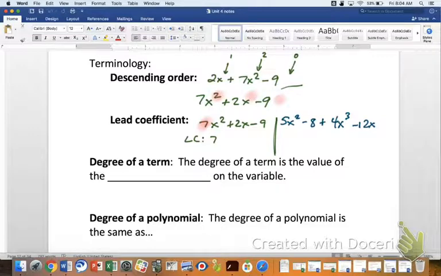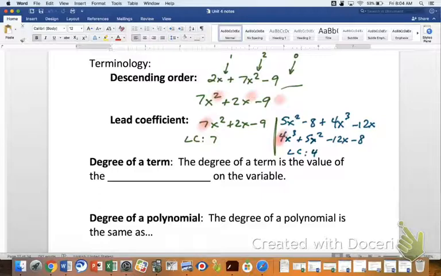It might be tempting to look at that and say that the lead coefficient is 5, but that's not really true because this polynomial is not in descending order. So if I put it in descending order, I would get 4x cubed plus 5x squared minus 12x minus 8. And now the lead coefficient becomes a little more clear. Now that we're in descending order, the lead coefficient would be the first one. So the lead coefficient in this case would be 4.